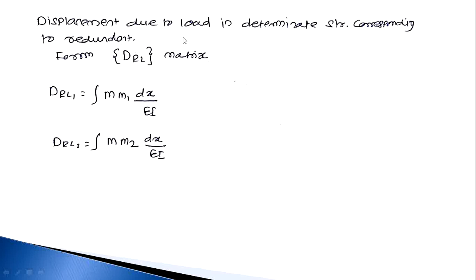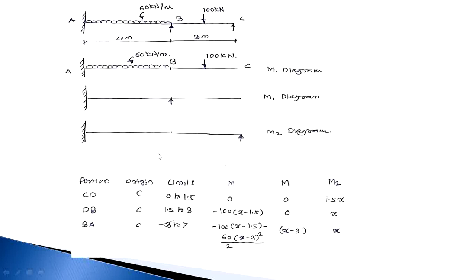So the displacement due to load in the determinate structure corresponding to the redundant, that is the DRL matrix, due to the determinate beam. So DRL1 becomes integral of M into M1 dx upon EI and DRL2 becomes integral of M into M2 dx upon EI. So form a table by using this M diagram, M1 diagram and M2 diagram.